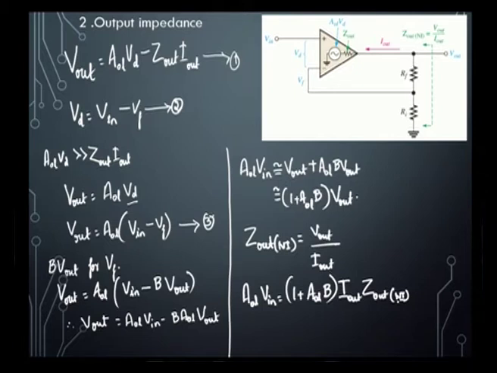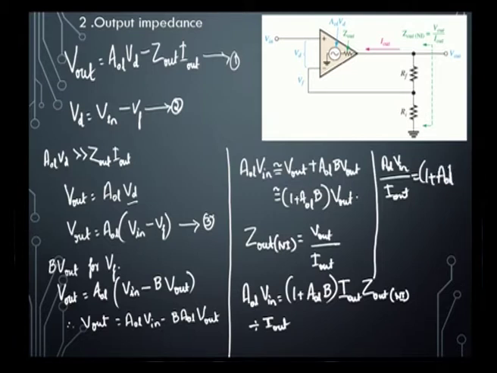All these things will be divided by I out, both sides, for simplification. Finally, we get AOL V in divided by I out is equal to 1 plus AOL into B into Z out of Ni.